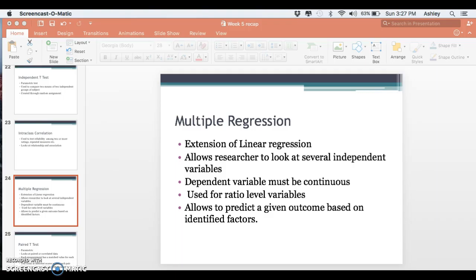And they used a multiple regression to help determine this. I should probably also add that a second purpose of regression is to better understand a clinical phenomenon by identifying factors that might be associated with it. But essentially, it's an extension of linear regression, looking at more data.